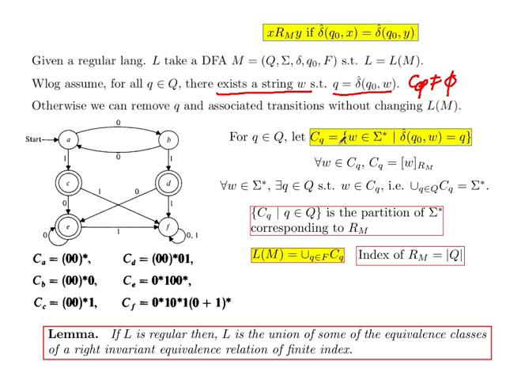You take any string w in CQ, then CQ will be the equivalence class of it. w led to this q, and all other strings in CQ also lead to q, so this is satisfied. So CQ is an equivalence class of this relation Rm.